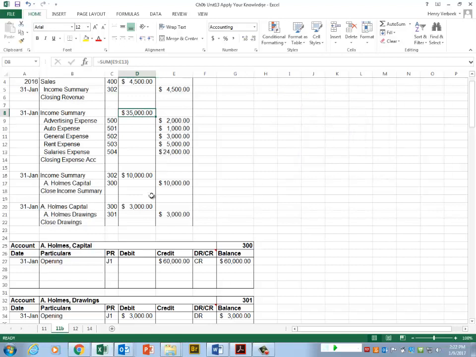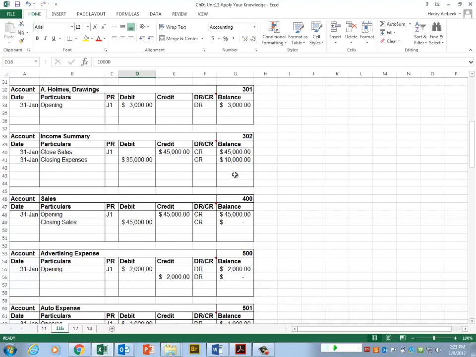Now we need to debit our income summary. Basically you need to figure out how much you had in your income summary. It's a credit, so we need to debit it 10,000 more, equals this minus this, and that will be called closing income summary.